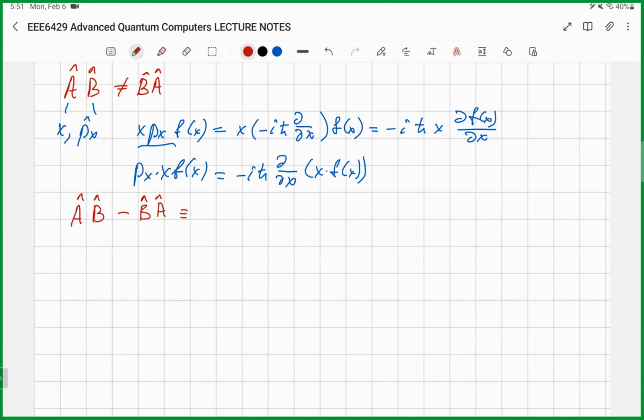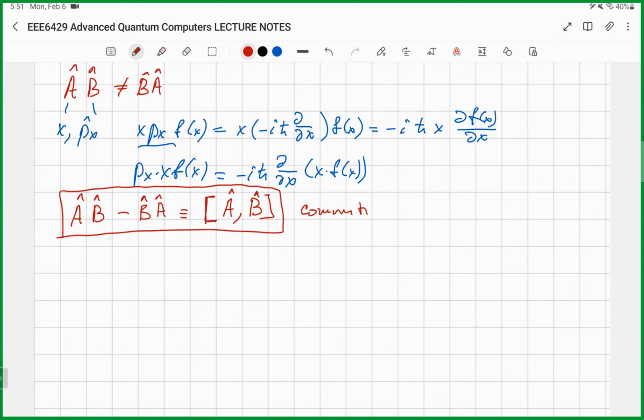This is nothing but the commutator. We denote it by these square brackets, with operator A, comma, operator B. If the commutator is equal to 0, then the operators commute. If it doesn't equal 0, then the operators don't commute.